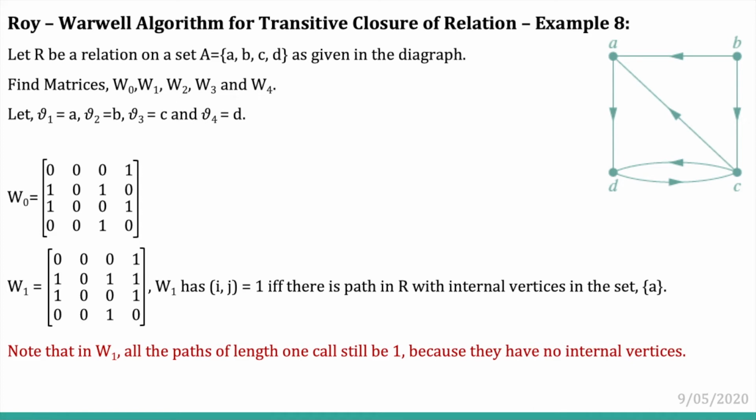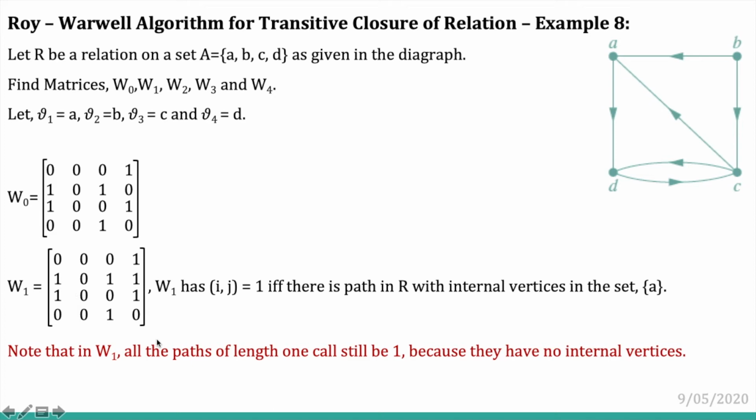Now when we are constructing W1, we have to represent an element belonging to the ith row and jth column by 1 whenever in this graph the ith node and jth node are connected by a path such that the internal vertices of that path belong to the set of A only. Here we are considering A, or rather the first element of this arbitrary sequencing of the vertices, because we are dealing with W1.